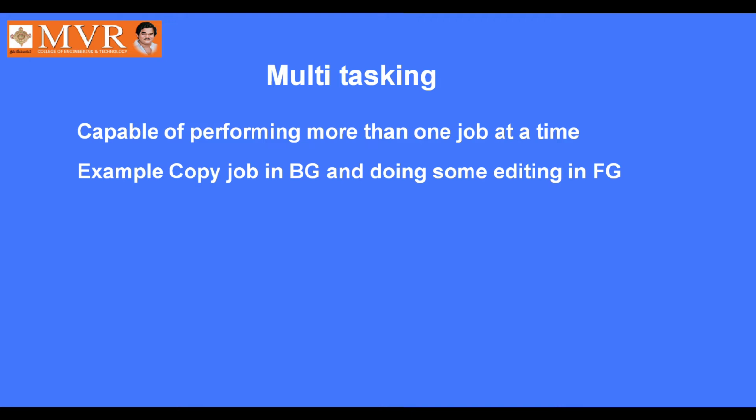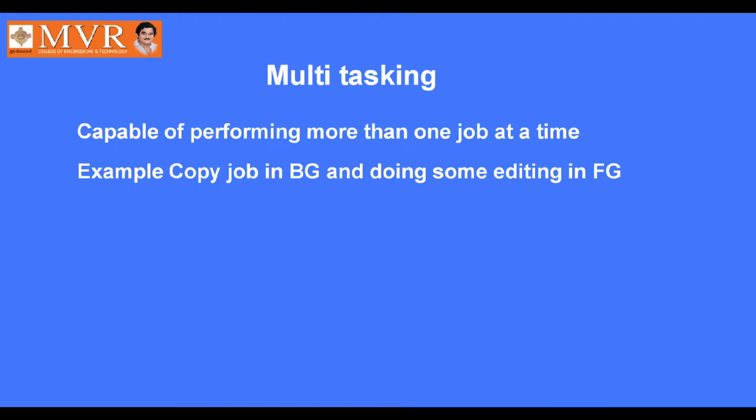Meanwhile it is copying, we can minimize that and do any other thing, like watch a movie, type some program, or do internet surfing, whatever you want. So we are doing two things at the same time: we are copying, and at the same time we are doing another thing also. This process is called multitasking.